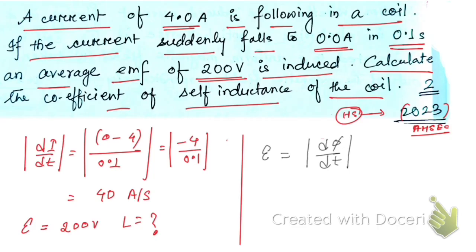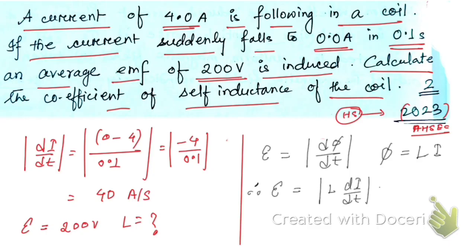And we know that this flux phi is directly proportional to current, and here we need a constant, that is the self inductance L. So we know phi is equal to Li. We know this relation. So we can write that EMF is equal to L times mod of di by dt.